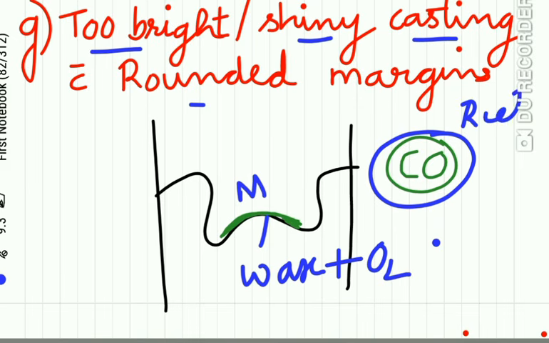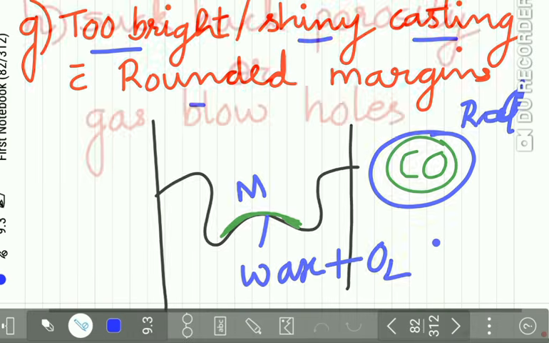It prevents oxidation of the alloy, giving the alloy a very bright and shiny surface. Also, with this shiny surface, you can also find the back pressure kind of porosity in this case.